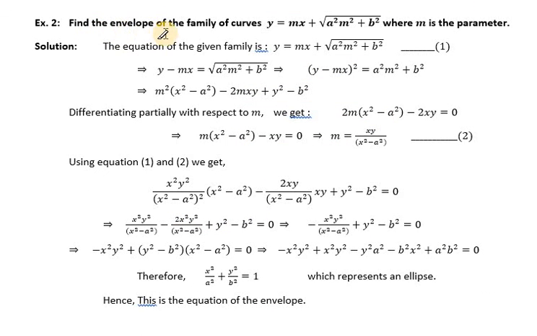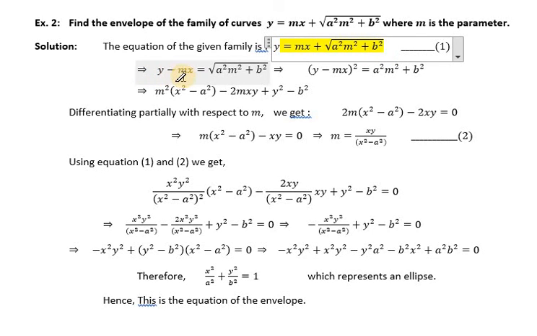Find the envelope of the family of curves y is equal to mx plus root of a square m square plus b square, where m is the parameter. So, what is the given curve here? It is y is equal to mx plus root of a square m square plus b square.